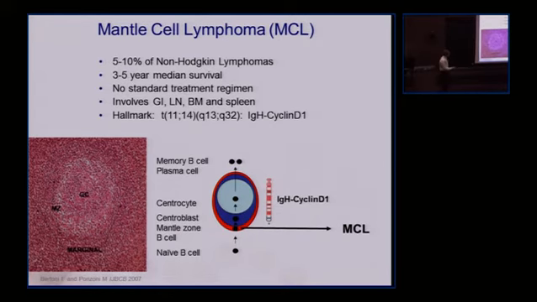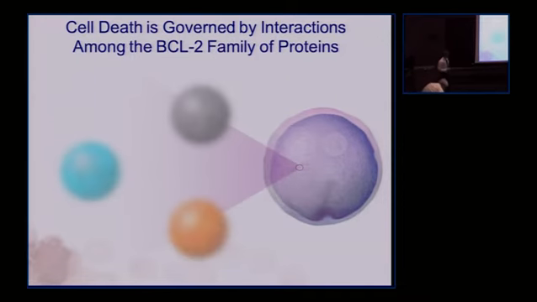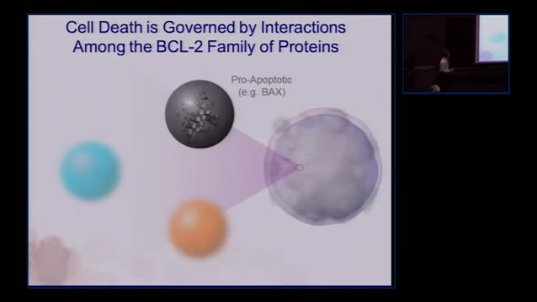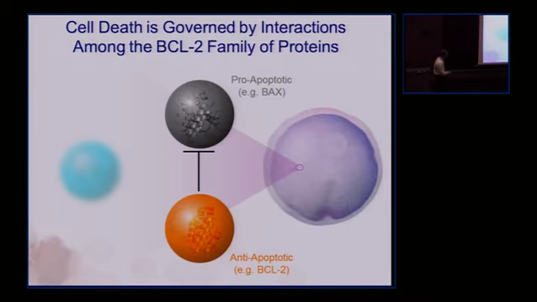Now, while this was being cloned out around the same time, a second translocation in follicular lymphoma was also being cloned out, and that led to the identification of BCL2. From that came a large family of BCL2 proteins, which can be broken up into 3 groups. There are multi-domain pro-apoptotic members, like BAX, which are held in check by multi-domain anti-apoptotic proteins like BCL2 through direct interaction and binding.